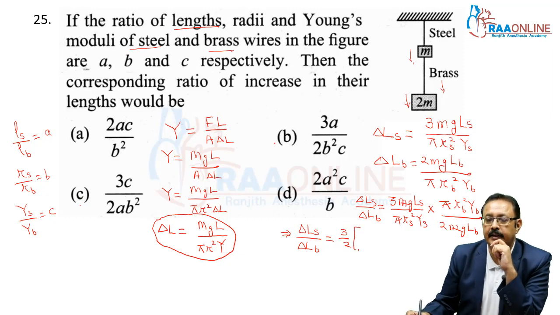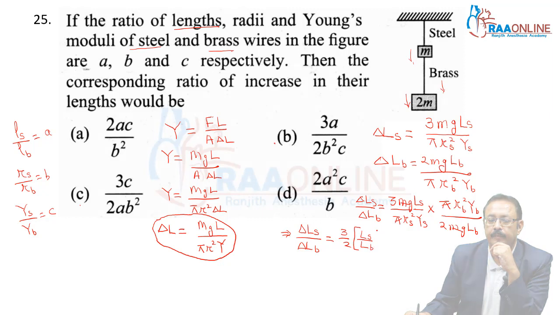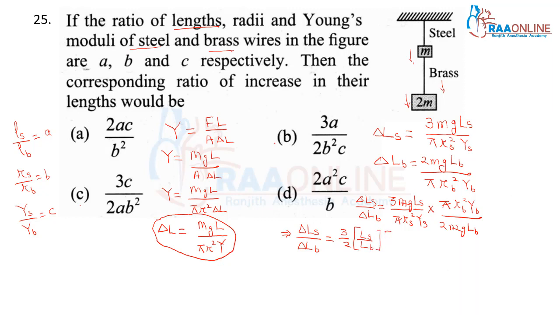Now we write this, because we have Ls in numerator, Lb in denominator. So we get Ls upon Lb in one bracket.